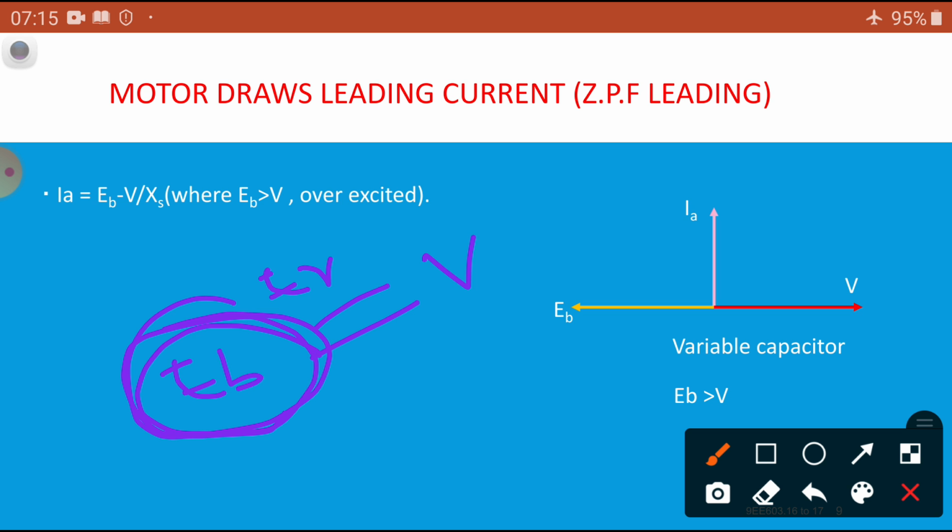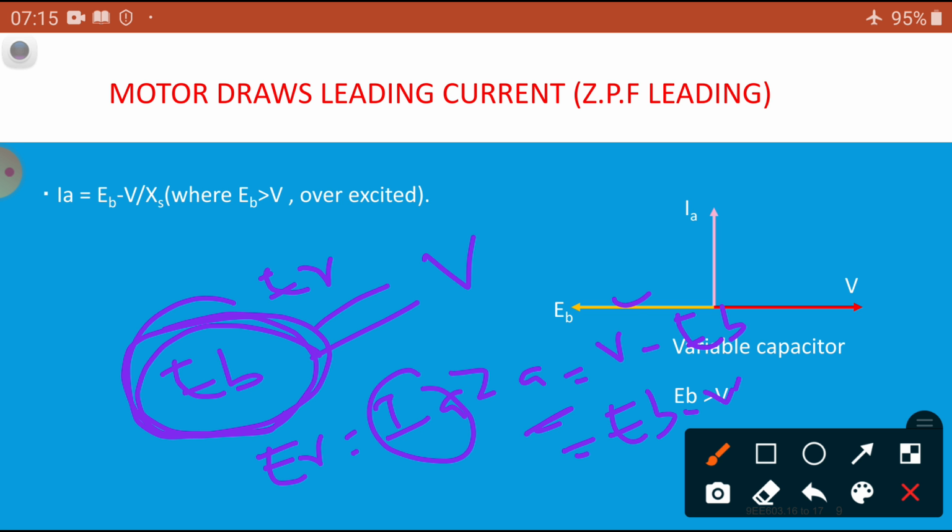We can say that ER is equal to IA ZA, the synchronous impedance, or we can write it as V minus EB. In this case EB is greater, so we write EB minus V. I want the armature current, so armature current is equal to EB minus V by ZA.